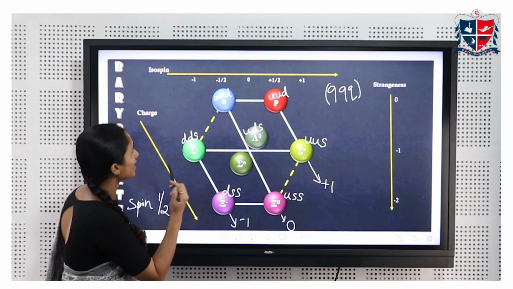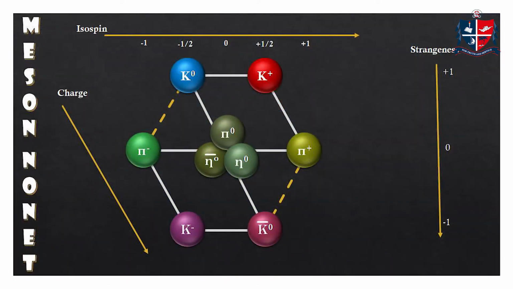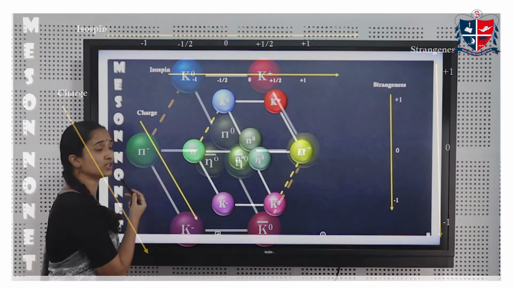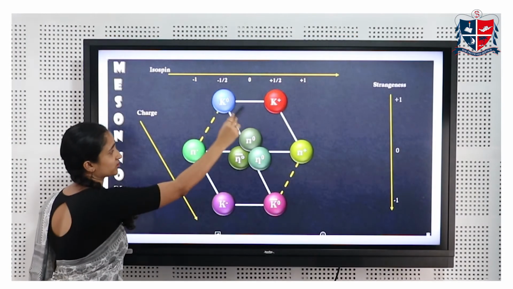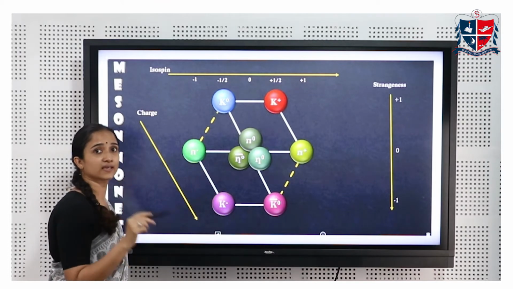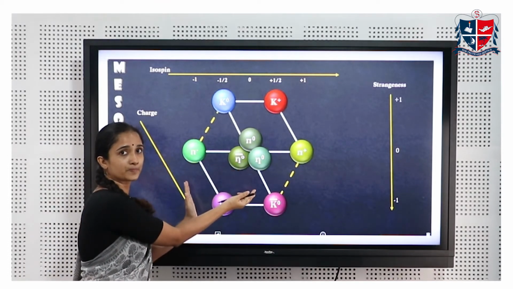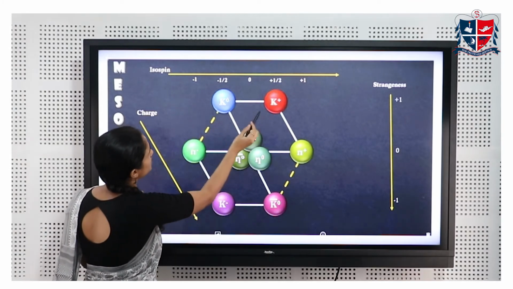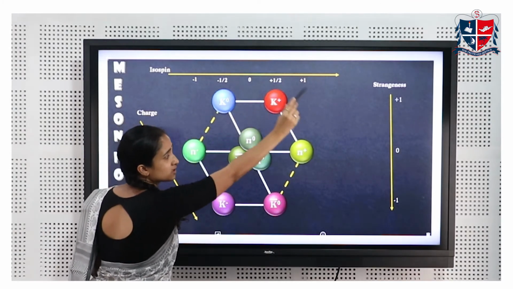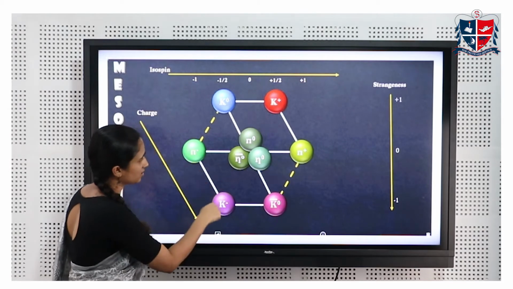Fine. So now let's move on to mesons. Mesons form a nonet. Again, the structure is similar, but we have 9 different particles classified into this group. So we have the mesons arranged according to their isospin, strangeness quantum number and their charge.